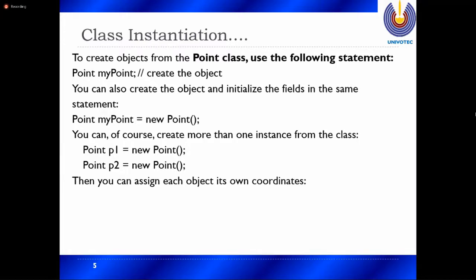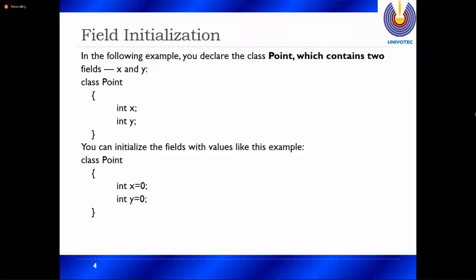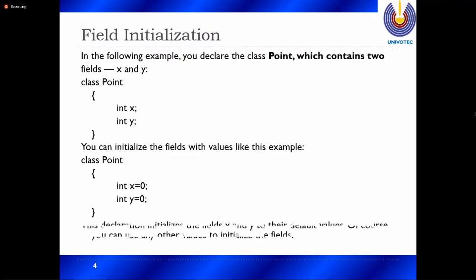You can assign P1 a position of 12, 15, because we already declared the two fields in the previous step, x and y. Two fields are there in the Point class.